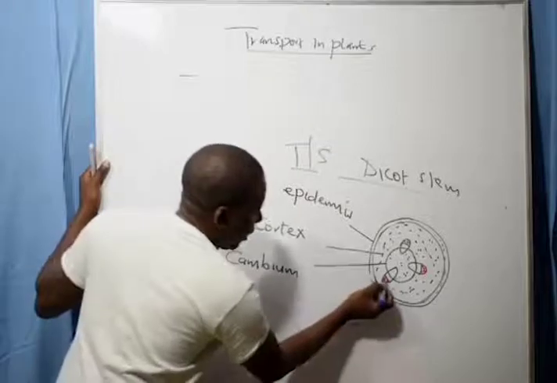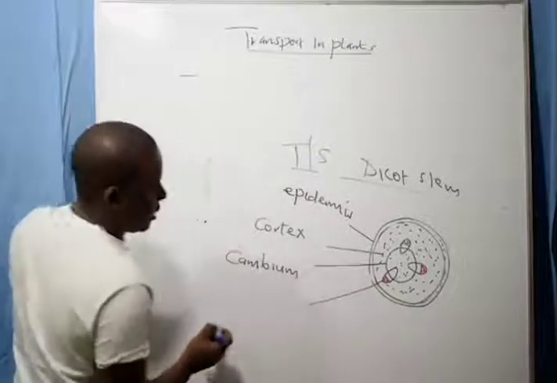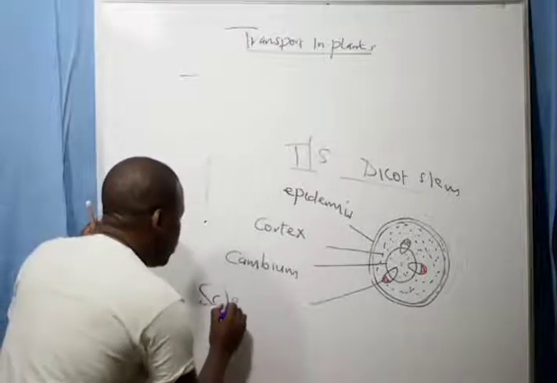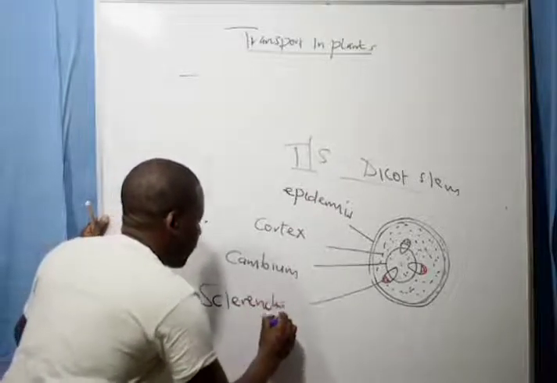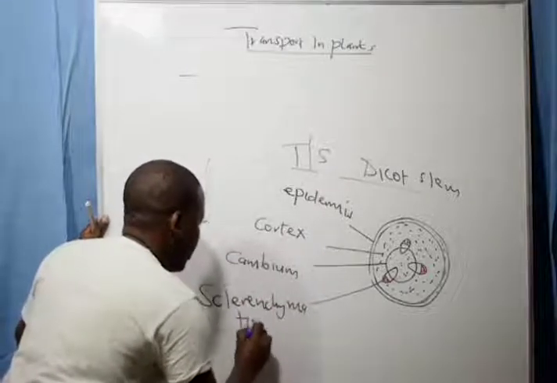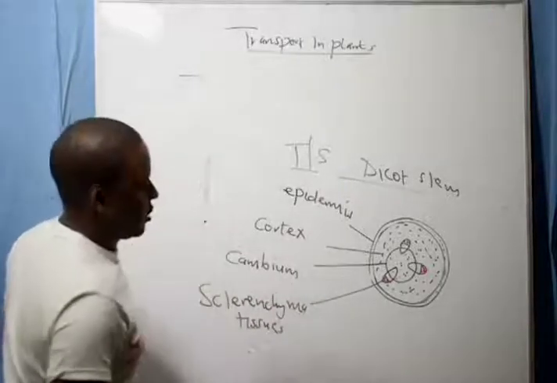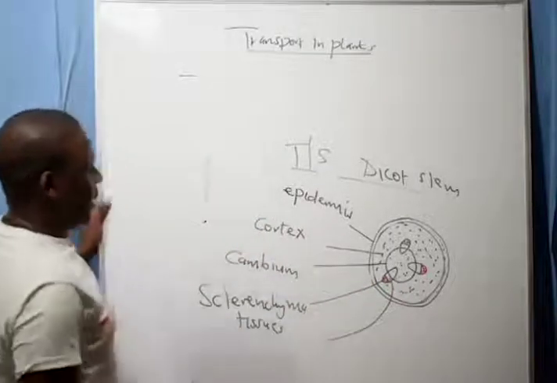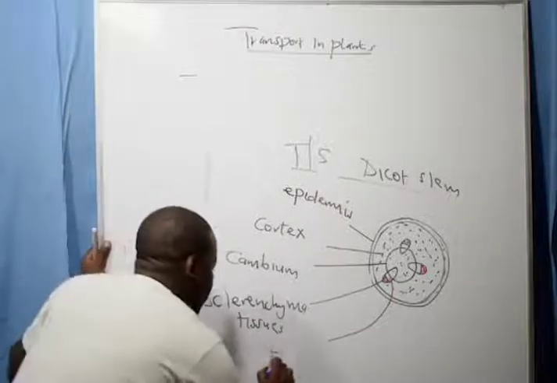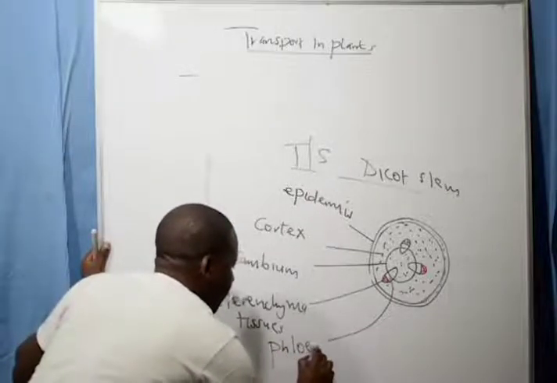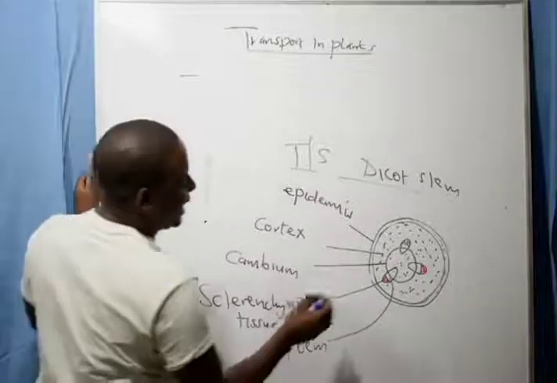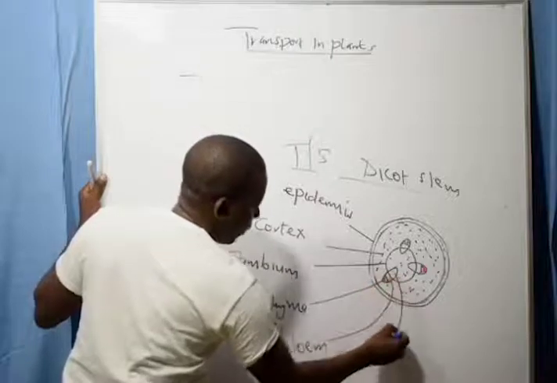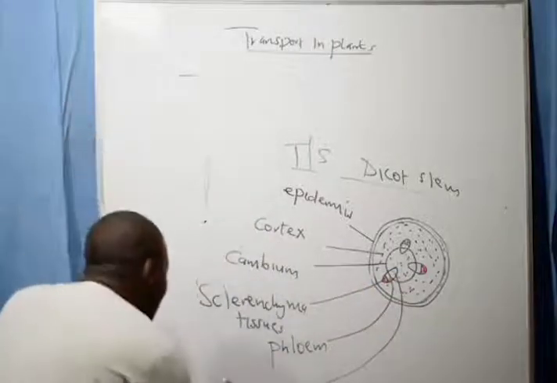Then here we have the outer part, which contains sclerenchyma tissue. Then next to the cambium, we have the phloem. And then on the inner side of the cambium, we have the xylem.